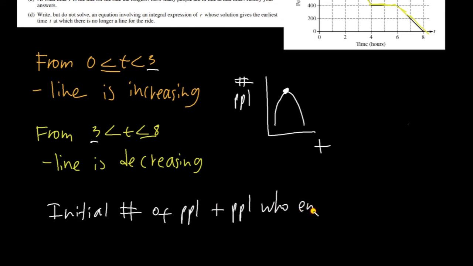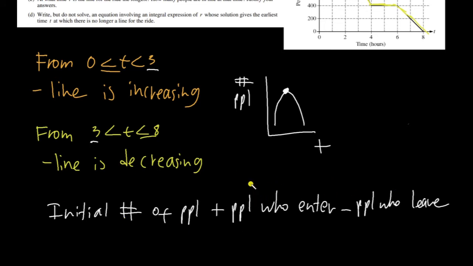Now you can probably guess what the final thing is. We're going to subtract the people who leave. You have some people enter, people leave, and if we add the number of people who enter and subtract the number of people who leave, this will get us the amount of people in the line at a certain time.